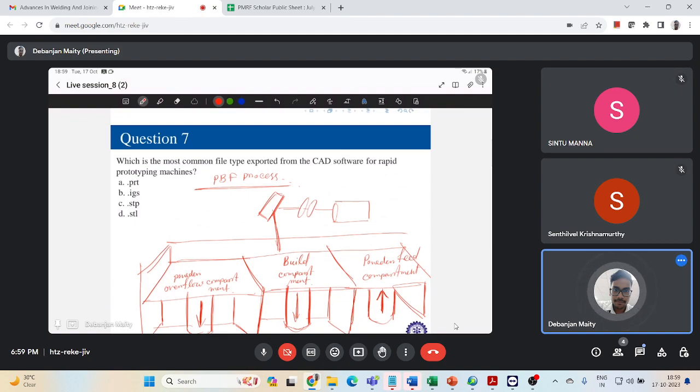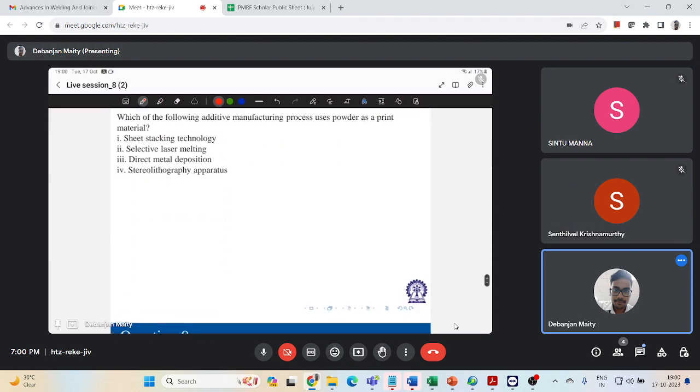Then you have the DED method, the direct energy deposition. Now, if we try to draw this direct energy deposition, let me draw a schematic.